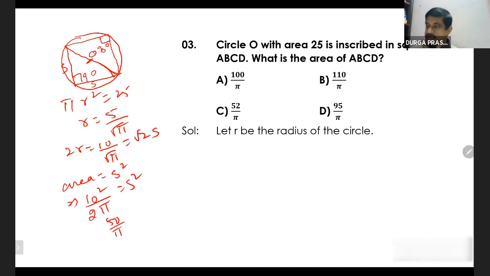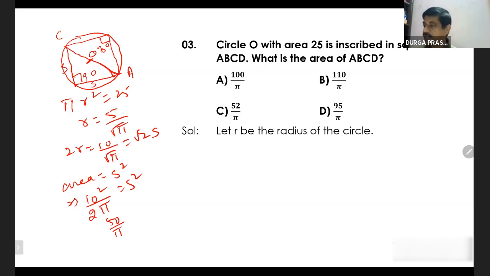That is fine. Because this diagonal AC is 10 by root 5. That is nothing but root 2 times side of a square. The area of square is side square. So 2 side square is 100 by 5.